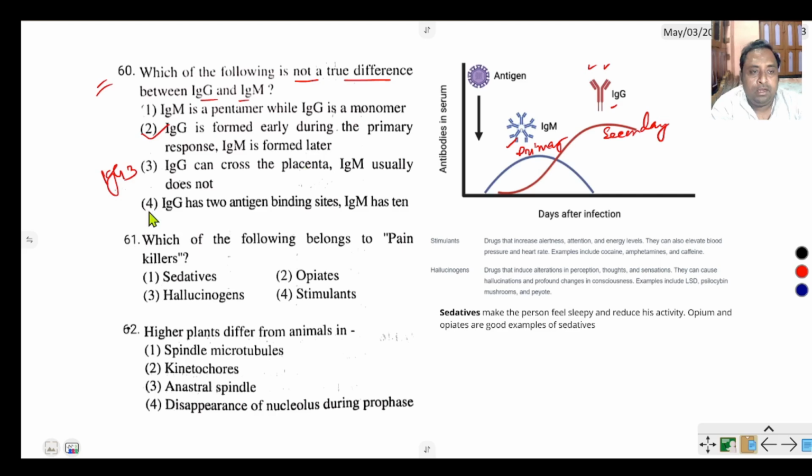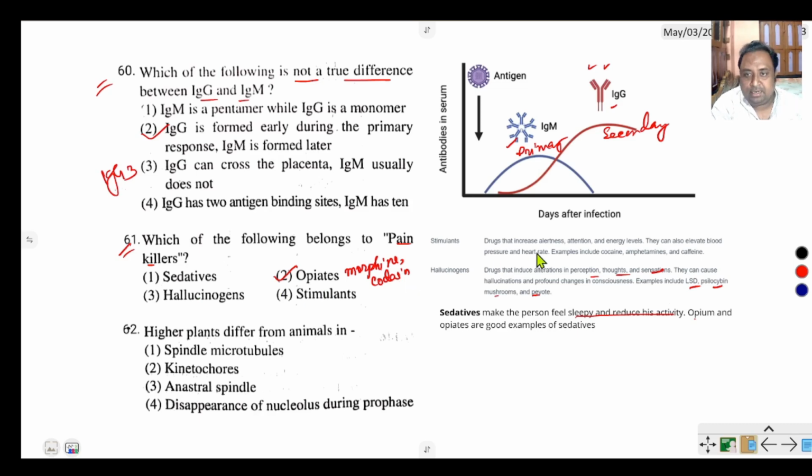IgM is formed earlier. Question 61, which of the following belongs to painkillers? Painkillers means opiates like morphine, codeine, etc. But sedatives make the person feel sleepy and reduce activity. Hallucinogens are drugs that induce alteration of perception, thoughts and sensation, like LSD, psilocybin mushroom and opioids.